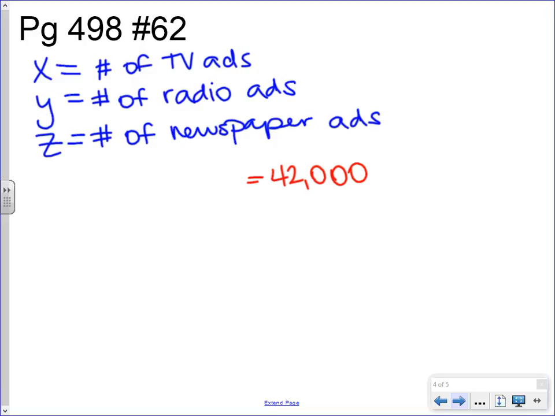Okay, so if this deals with money and how much it costs us to produce these, then on the other side of the equation, we should also have costs. So how much does each TV ad cost? How much radio? How much for newspaper?